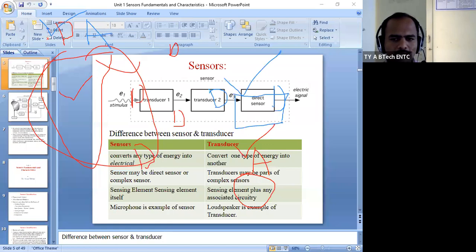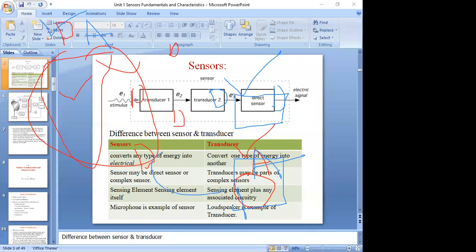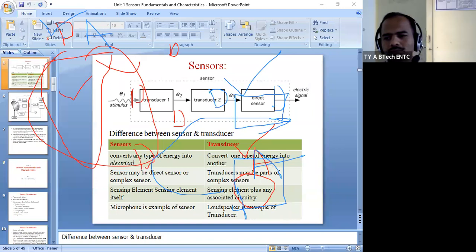But a particular sensor, just like we are assuming that sensor 5 generated output in terms of which quantity? Analog format. So in that case, it is not possible for the controller to measure output in terms of analog quantity if your controller is not supporting it.